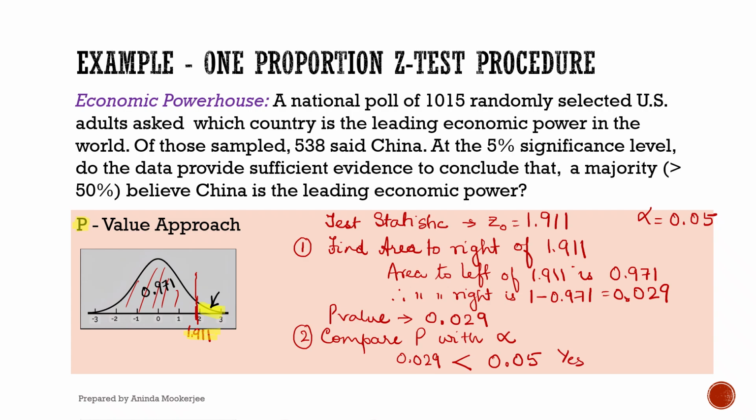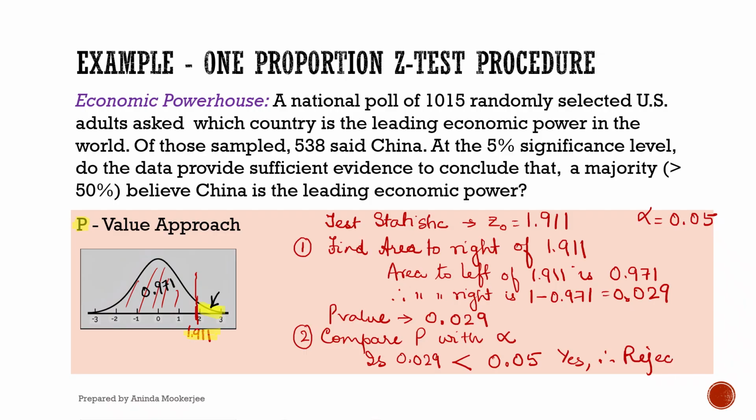Yes. All right. So is p less than the alpha value? In this case, the answer is yes. If p is less than or equal to alpha, then we reject the null hypothesis. Yes, therefore reject the null hypothesis.